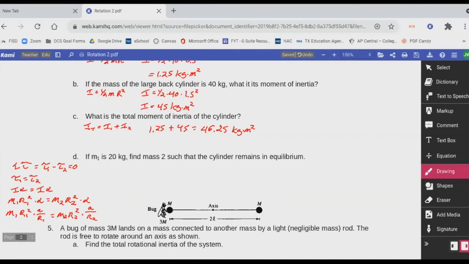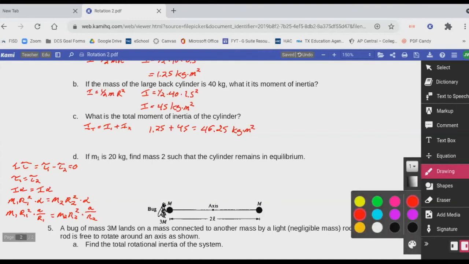Let me circle them in a different color, let's go with yellow. This square can take care of that part of the fraction, because we're basically saying times r2 divided by r2. So we can simplify it.